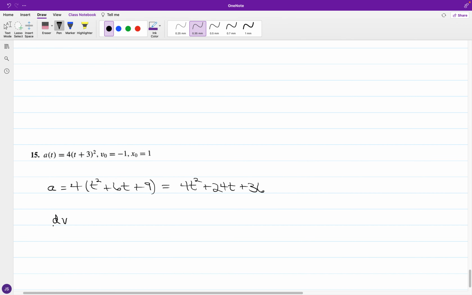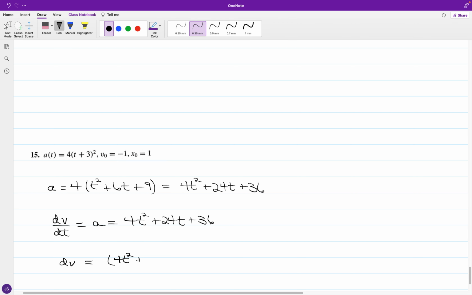So just creating the pathway. Okay, so the change in velocity with respect to the change in time, again we have equal to the acceleration, which again we have at 4t squared plus 24t plus 36, and separating the differentials.